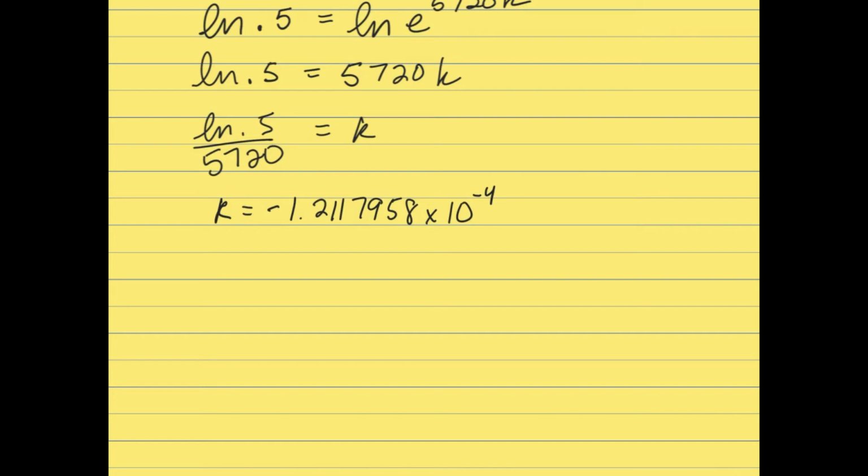And it's negative, showing that we have a decay situation. So that's what it looked like on my calculator. I'm going to write it in regular notation instead of scientific notation. So it looks like that. I ignored the negative sign at this point. I know that it's a decay problem, and all the negative does is say decay.